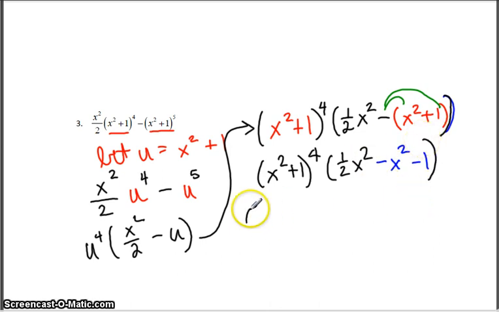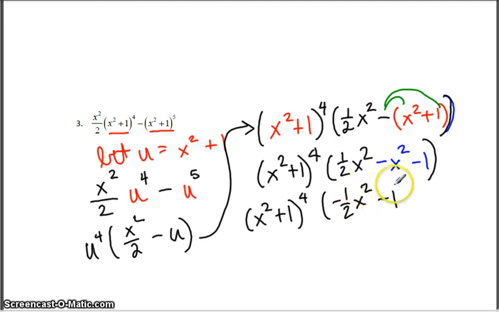And finally, we combine some like terms. 1/2 x squared minus 1x squared is negative 1/2 x squared minus 1, and that's it. That is completely factored.